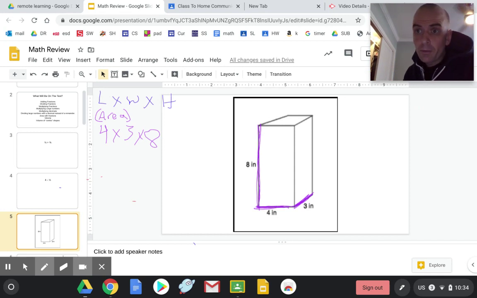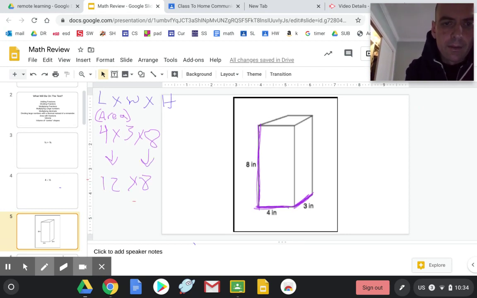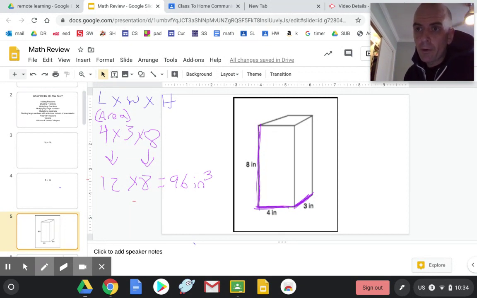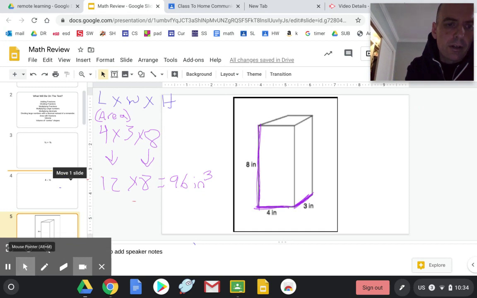So then I multiply them. 4 times 3 is 12, times 8 is 96 inches to the 3rd power. To get full credit, you're going to have to put 3rd power. All right, so that's basic volume. Length times width times height gives you a dimension to the 3rd power.